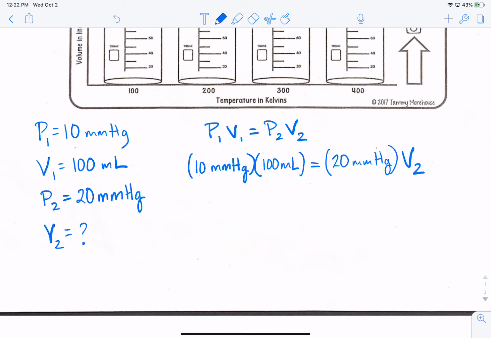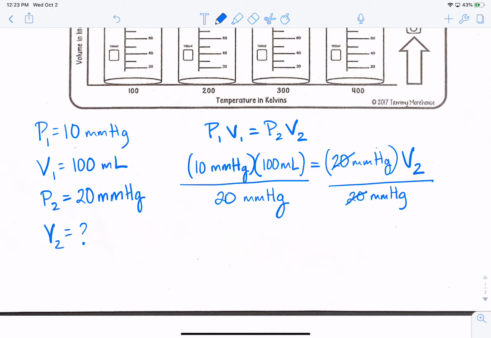Okay, put your algebra hat on real quick. If I'm trying to get V2 by itself, I'm trying to simplify this equation now. I want to divide. Good, I'm going to divide both sides by 20 millimeters mercury. Now watch how I cancel. 20 over 20 cancels itself out, right? That's just 1.